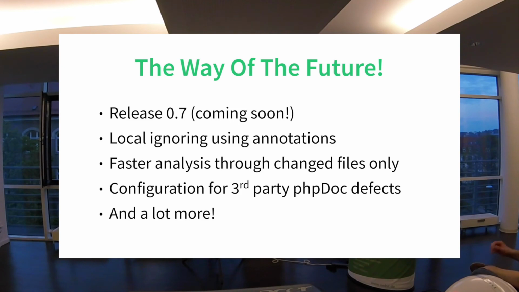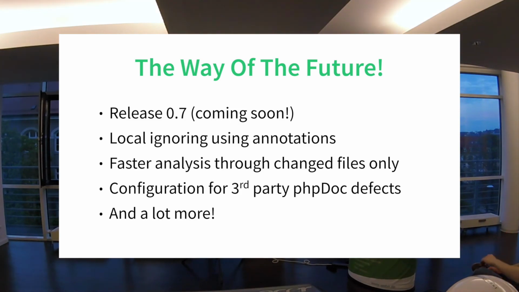We will release 0.7 with levels 5, 6, 7, and the next points aren't actually going to be in 0.7, they're just ideas of what can be done in PHPStan better. Right now you can ignore errors only globally with regular expressions, but I want to enable local ignoring too. If you just want to ignore one specific line, one specific issue, you can ignore it locally with some annotations, like we are used to, for example, from JavaScript, from Slint.